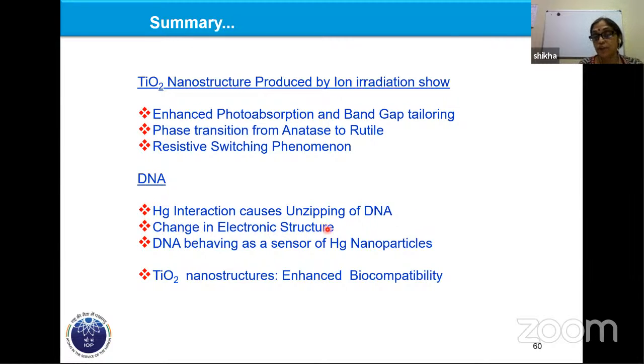And there is a change of electronic structure with the charge transfer from the DNA to the surface. And DNA behaves as a sensor of mercury nanoparticles. And in the case of TiO2 nanostructures, we see that there is an enhanced biocompatibility. Once the surfaces have nanostructures on them, then we can absorb the DNA better.